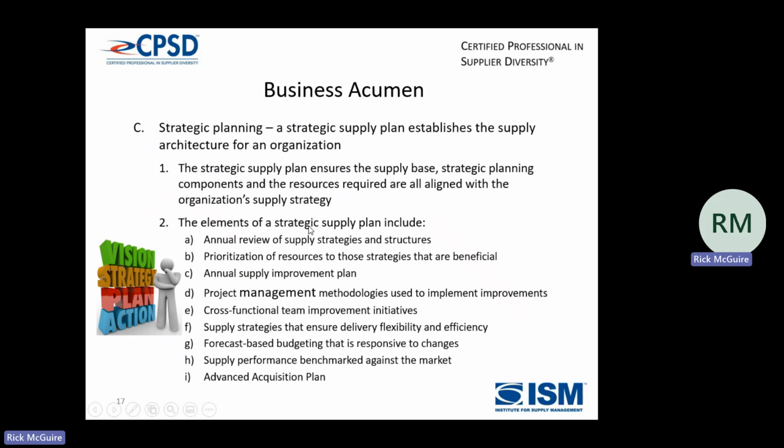These elements of a strategic plan include annual review of supplier strategies, prioritization of resources, annual supply improvement plan, product management methodologies, cross-functional team improvement initiatives, supply strategies, forecast-based budgeting, supply performance benchmark, and the advanced acquisition plan.